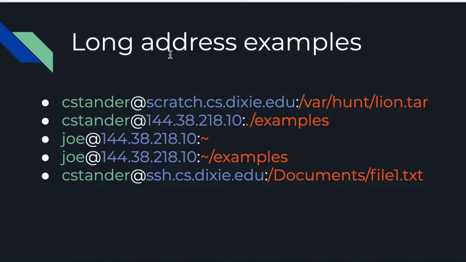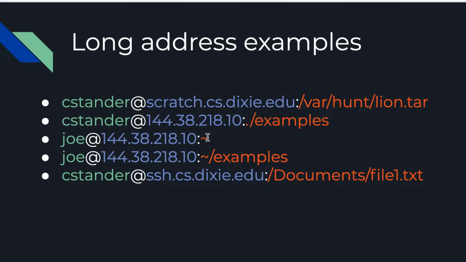Now here are some long address examples. So cstand at scratch.cs.dixie.edu:/var/hunt/lion.tar. Notice username at machine name, then path. Notice the colon that's separating that. You could also have an IP address instead. Here's another one: Joe at some IP address, colon, tilde.